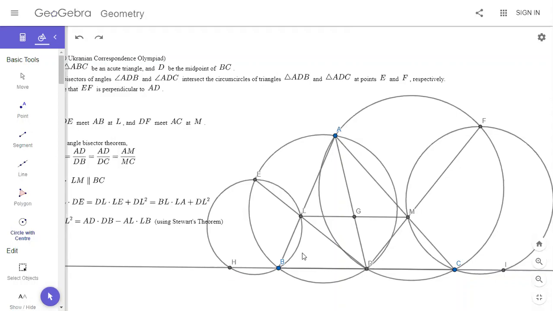So can we show DH is equal to DA actually? So really we want to show DB times DA is DL times DE.